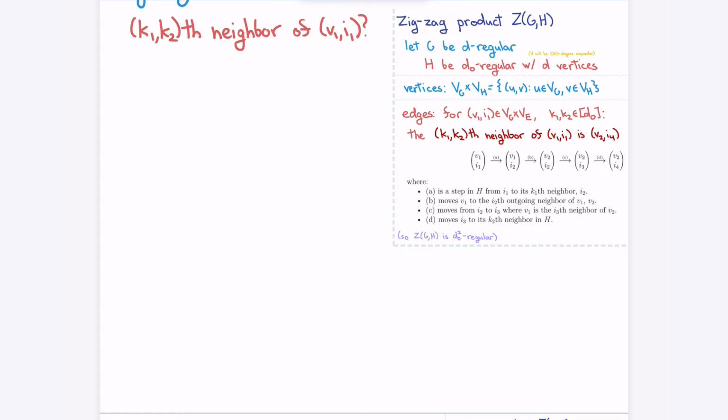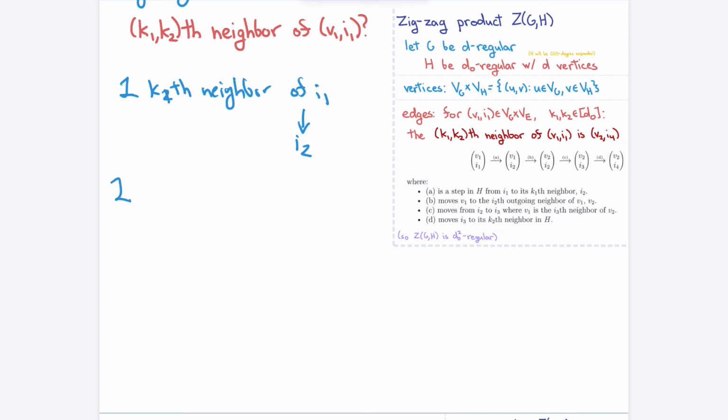You're going to first ask, what's the k1th neighbor of I1, and that's going to give you I2. That's one neighbor query, which can just be done directly.